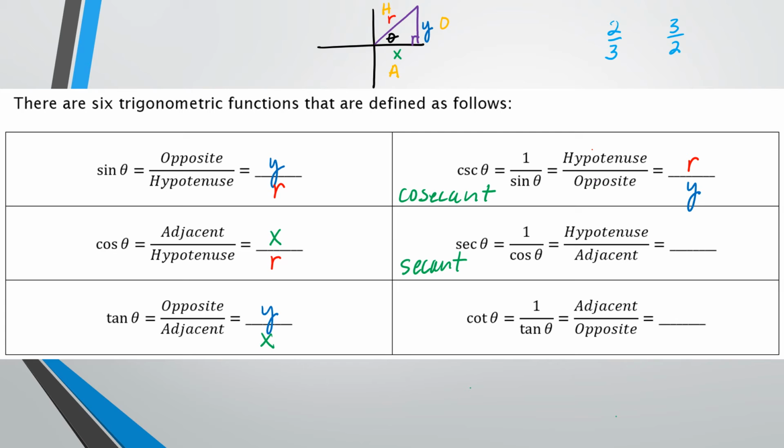So cosine is adjacent over hypotenuse, so secant is hypotenuse over adjacent, so r over x. And then the last one is called cotangent, and that one goes with tangent. So since tangent is opposite over adjacent, cotangent is adjacent over opposite.